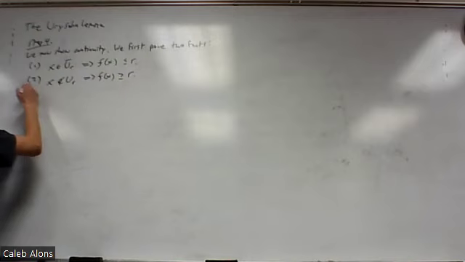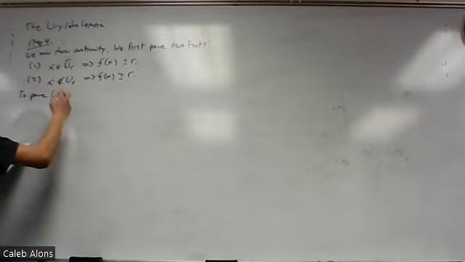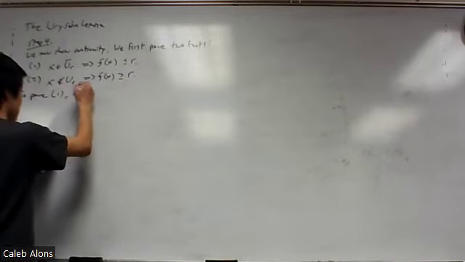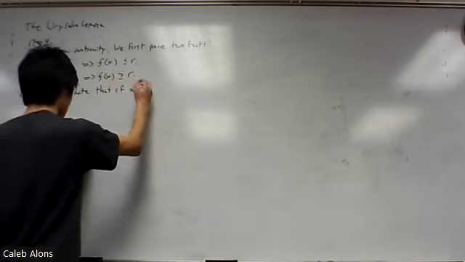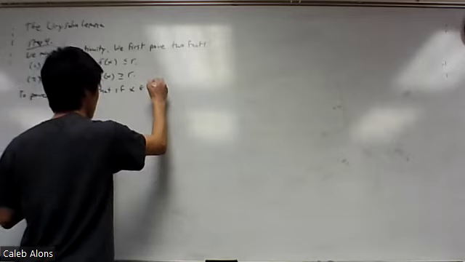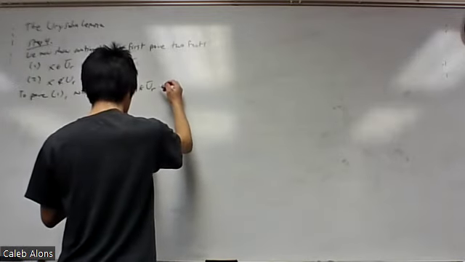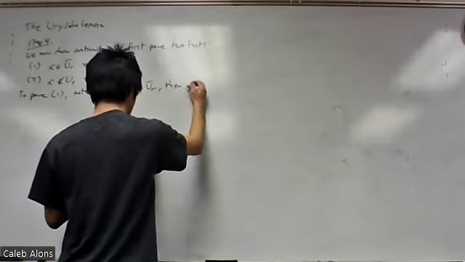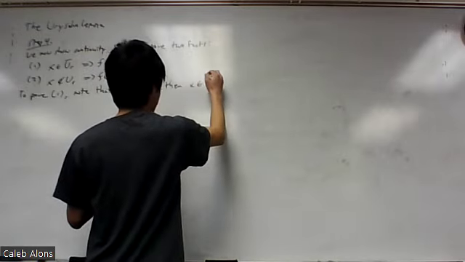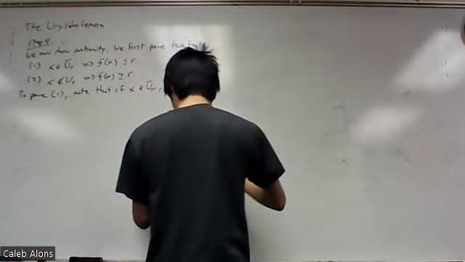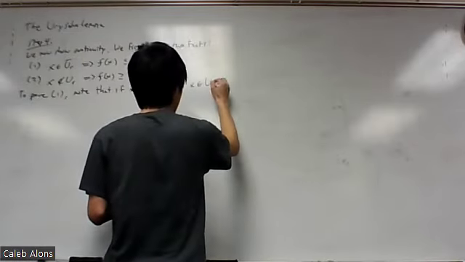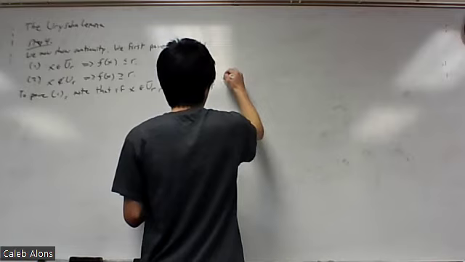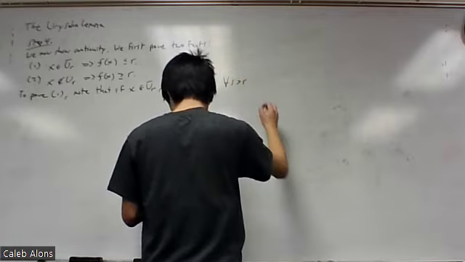So to prove 1, we note that if x is in the closure, then x is in some U sub s for all the values s that are greater than r.